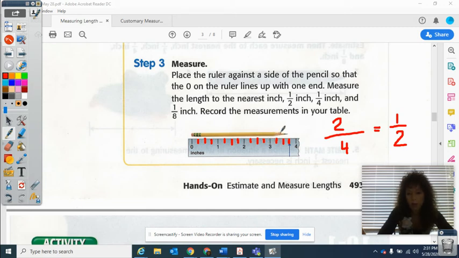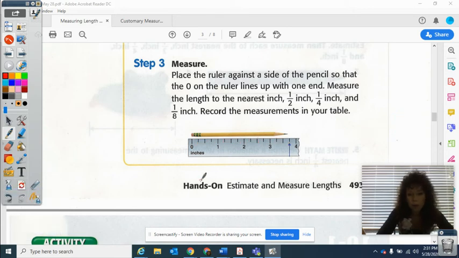3 1/4, 3 1/2, 3 3/4, 4. So remember, when we have a denominator of 4, we can say 2/4 or 2/4 means the same, right?